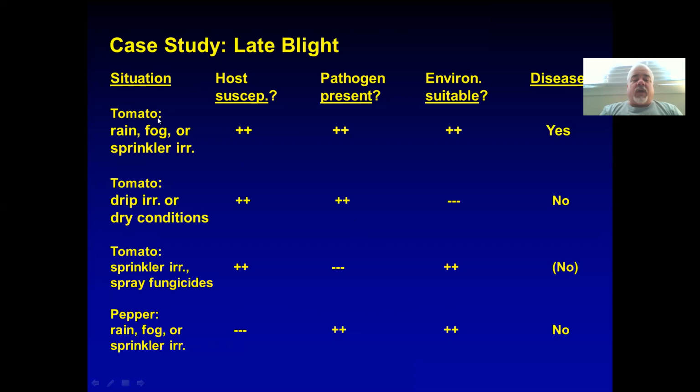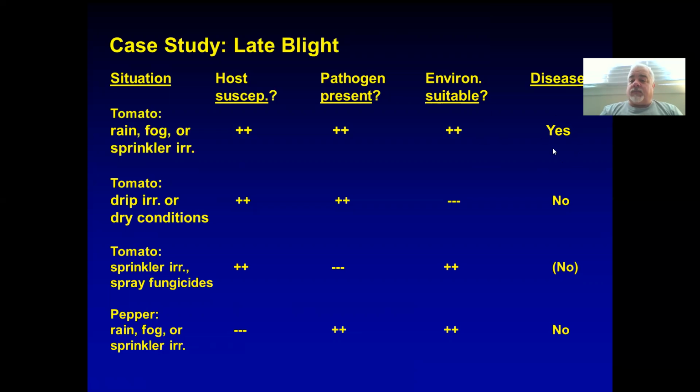Tomato in the rain or fog or sprinkler irrigation anywhere. Is there a susceptible host? Yes, tomato, susceptible host. Is the pathogen present? Unless you're in a quarantine area, the pathogen's always present. Is that an environment that's suitable? Yeah, when it's wet, rainy, foggy, sprinkler irrigation, that is a suitable environment.